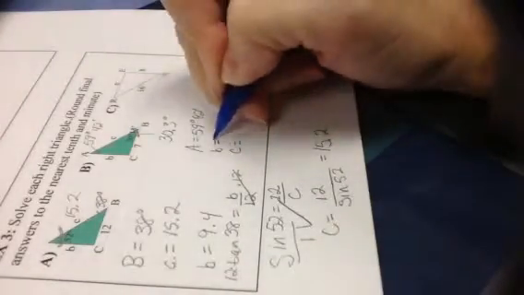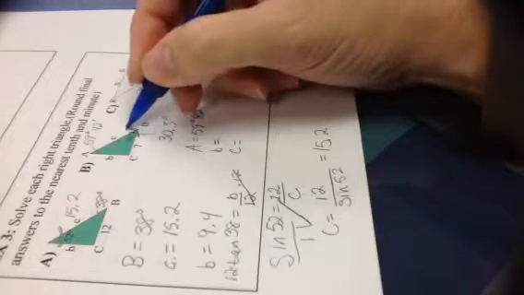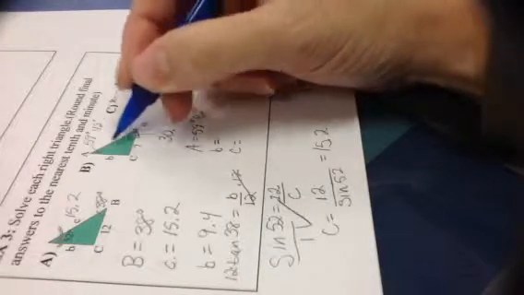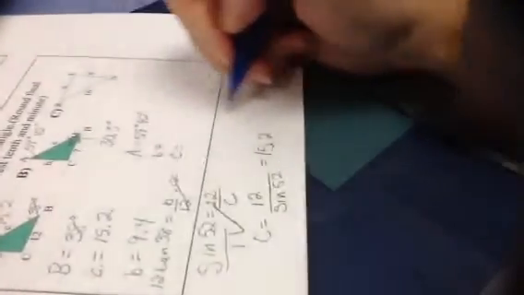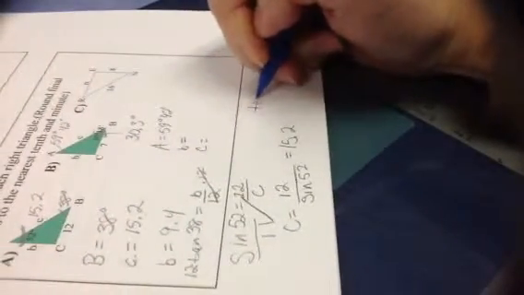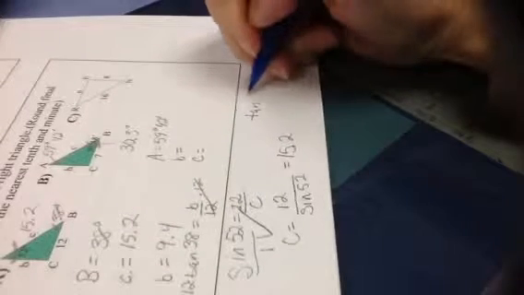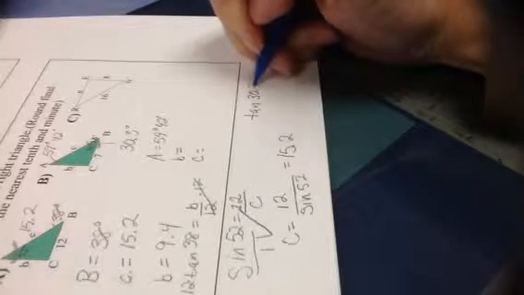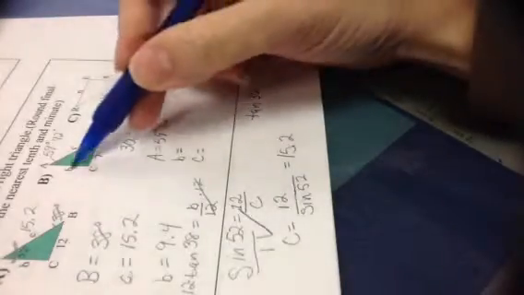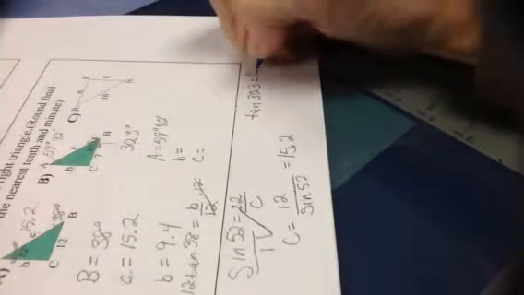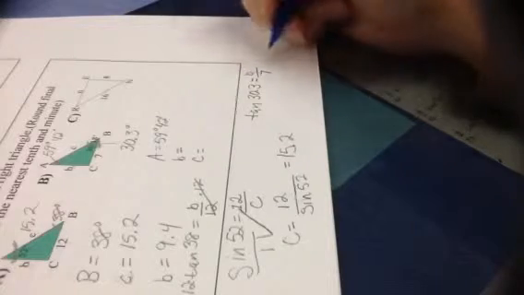I could find little b by using tangent of this angle right here. So I would do tangent of 30.3 degrees equals, and then I have the leg opposite, which is b, over the leg adjacent, which is 7.